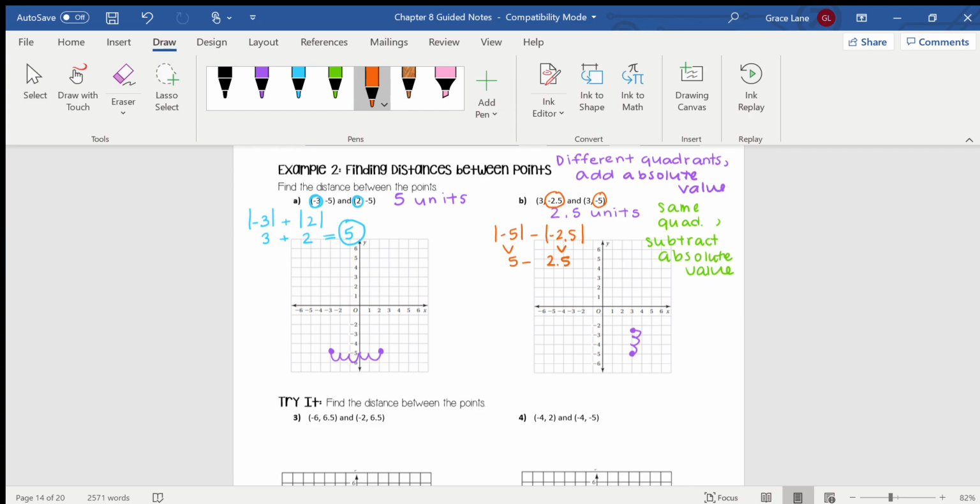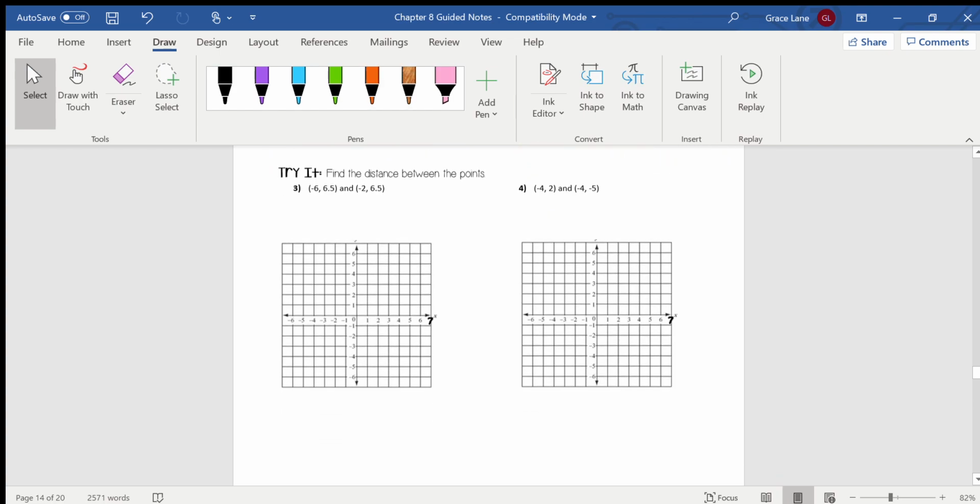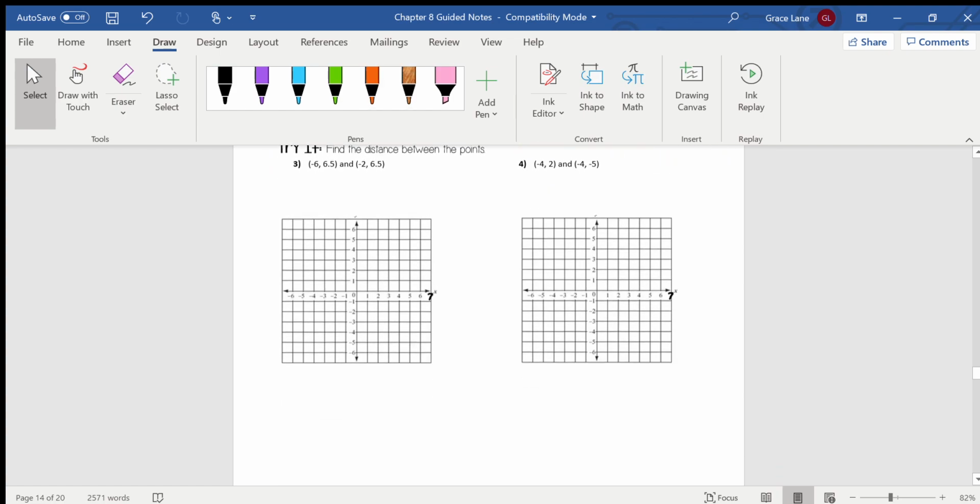If you subtract, you also get 2.5. So same idea, you'll get the same answer. If you have decimals, it might be a little bit easier for you to think about adding and subtracting. But you guys go ahead and try the try it ones down here, and then check to see how you did.